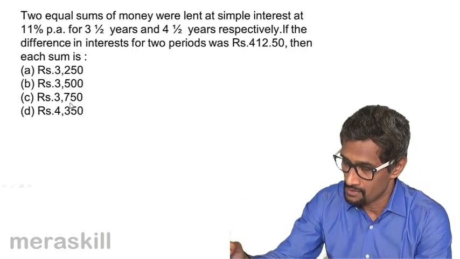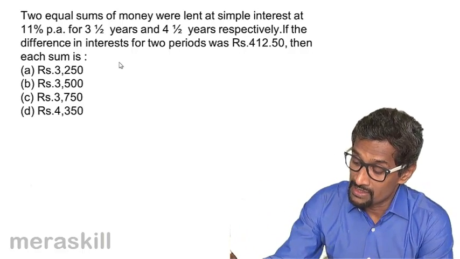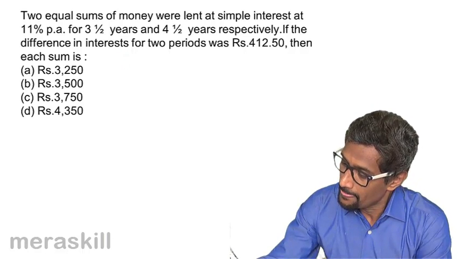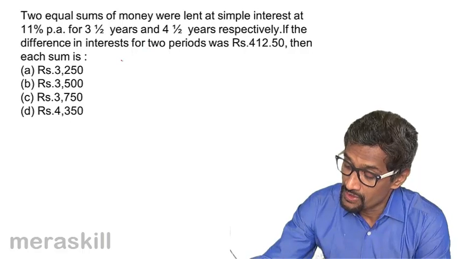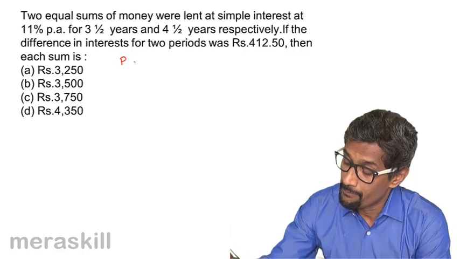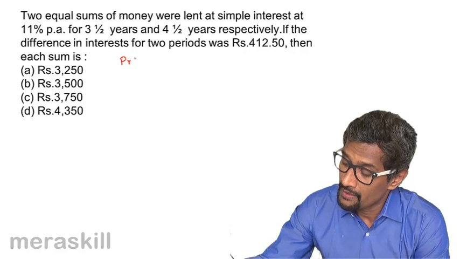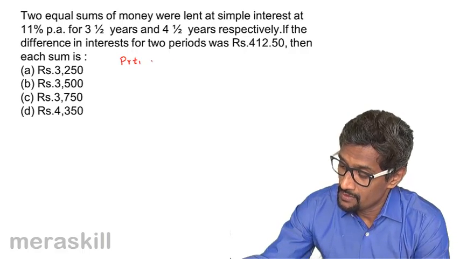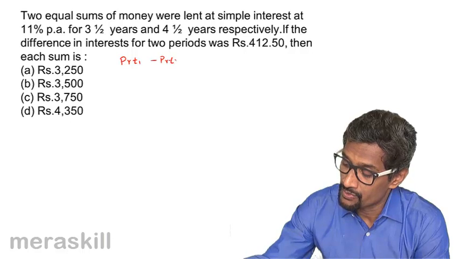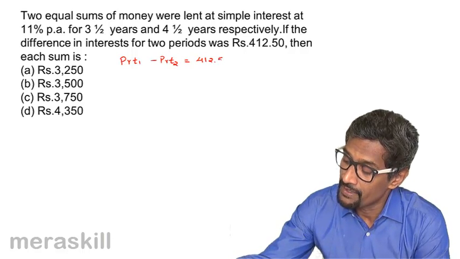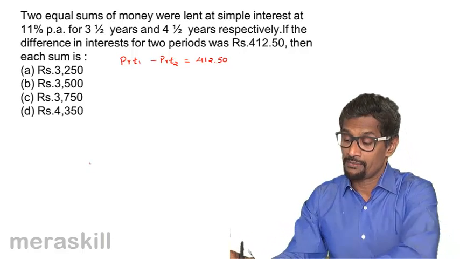What among these? So two equal sums. So P remains the same. Okay. So it's going to be P, and the rate is the same. So PR into T1 minus PR into T2 is equal to 412.50. That's the concept.